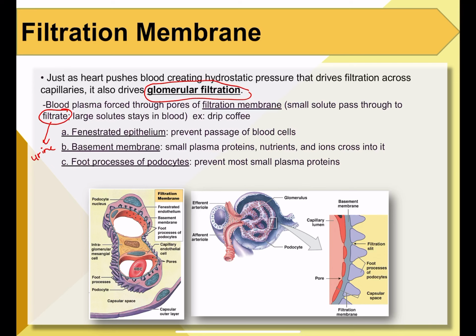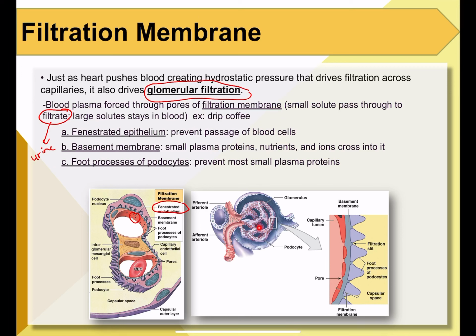So again, the filtration membrane is made up of your fenestrated epithelium right here, okay? Fenestrated epithelium, which is this red capillary endothelial cells layer that will prevent passage of red blood cell from within your capillaries into the capsular space, okay? Because what this ultimately is, it is a cross section of this glomerulus layer, okay?